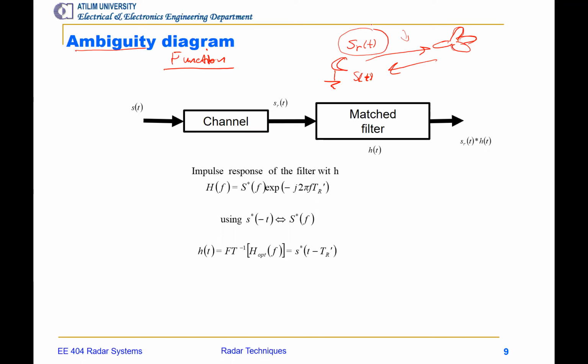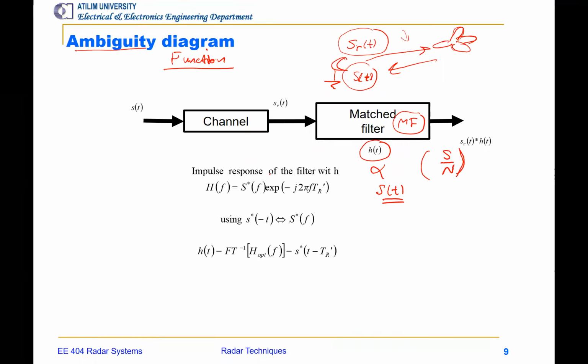The goal of the matched filter here is to maximize the SNR, and it's defined with respect to the transmitted signal. So h of t is simply proportional to s of t. Somehow we derive h of t from s of t, and we know s of t, so we know h of t. It's quite easy to design a matched filter once we know what we want to transmit.